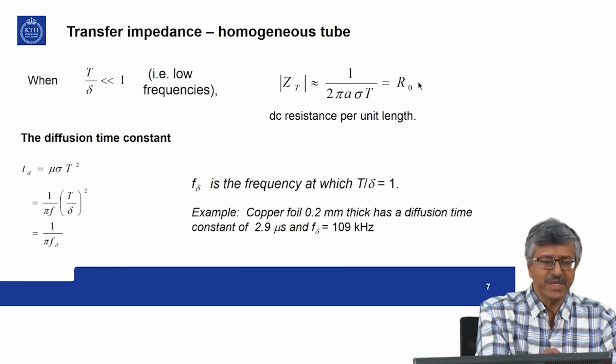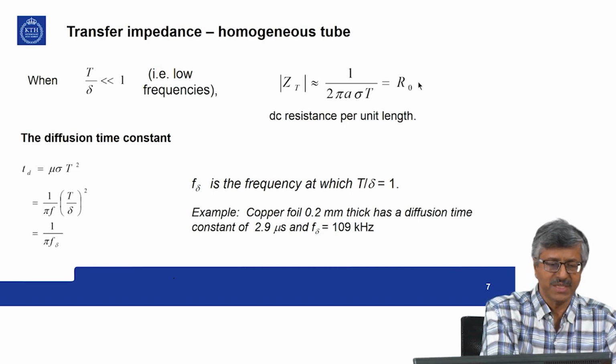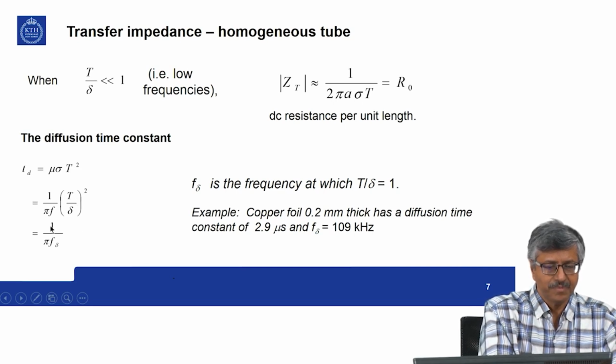Let us find the diffusion time constant. The diffusion time constant is mu sigma t squared, where t is the thickness. You can write it as 1 by pi f delta, by introducing delta, times t by delta squared.